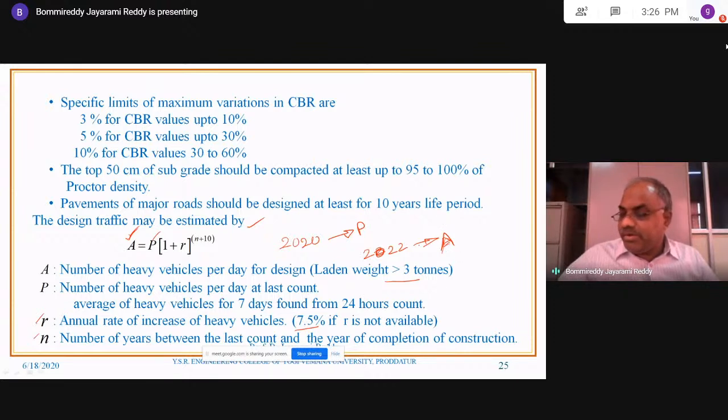That value is computed based on the present vehicles with the rate of growth. You have to remember this formula. It's a normal simple formula.